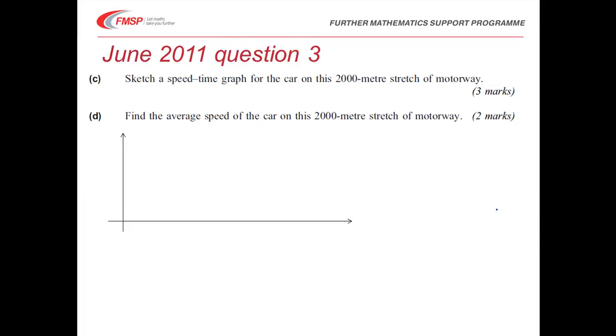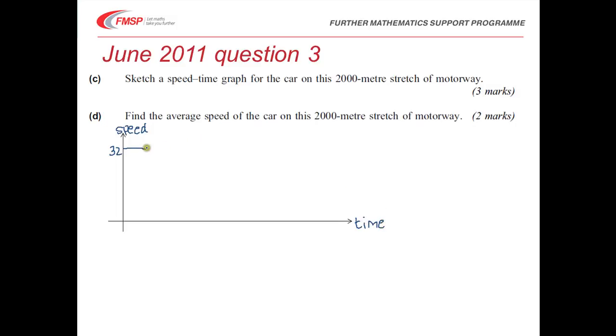But in part C, we're asked now to actually draw a sketch, a speed time graph. So we use all that information that we have. We start with a speed of 32, and we only travel at that speed. This is speed, the vertical axis, and time here.